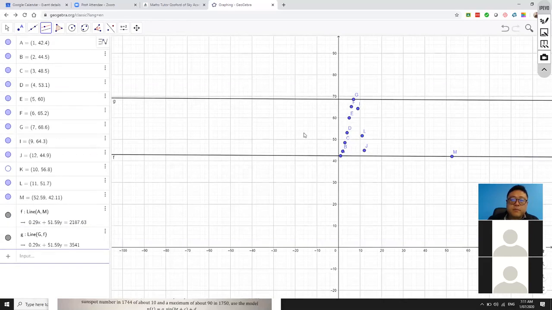Now, can you also see that this curve goes up and then down and is going to go up again?